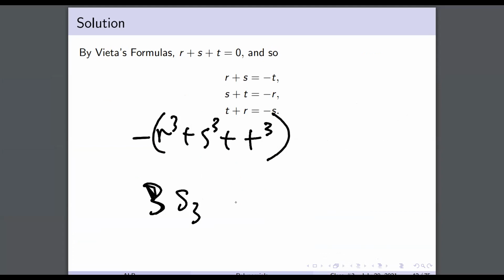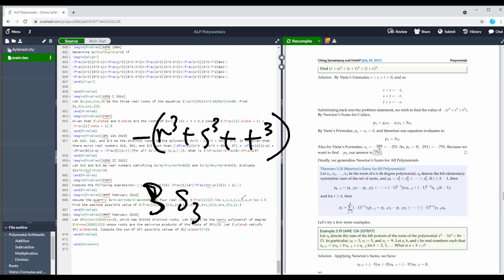And we know that s of 3 equals negative 2008 over 8, which equals negative 251. So then our answer will be negative 753. So the sum of the cubes would equal negative 753. And then since we want the negative of that, our answer would be 753.